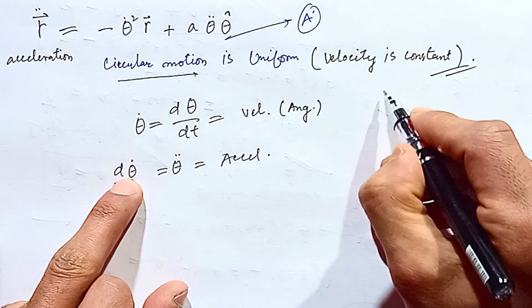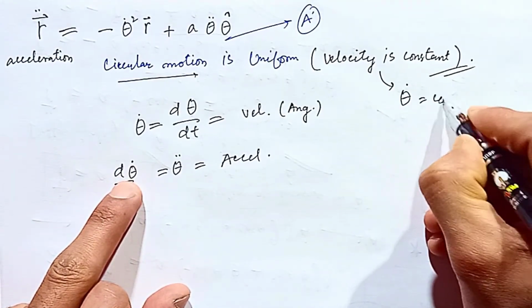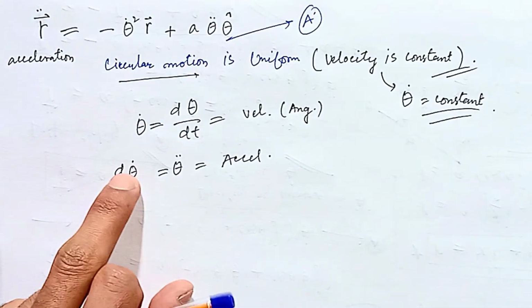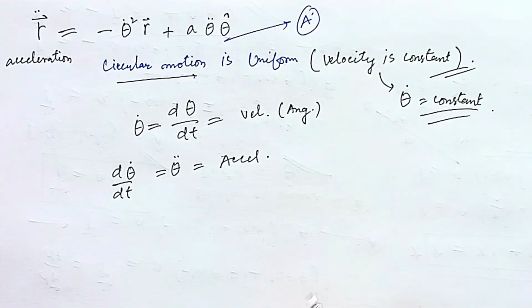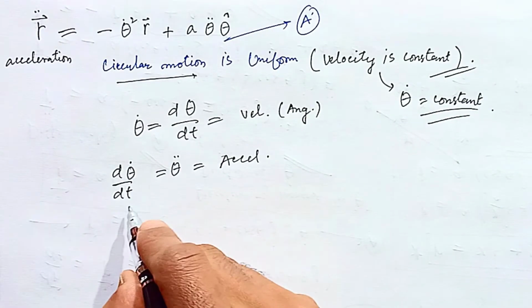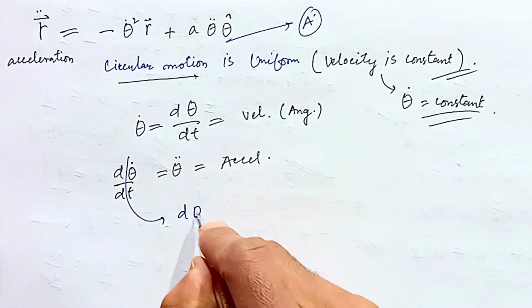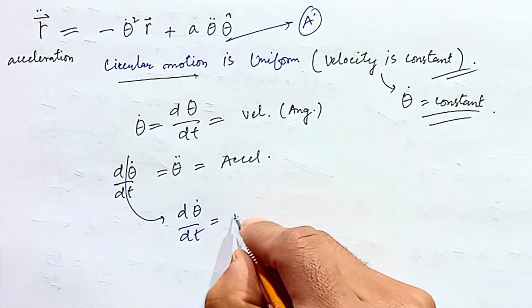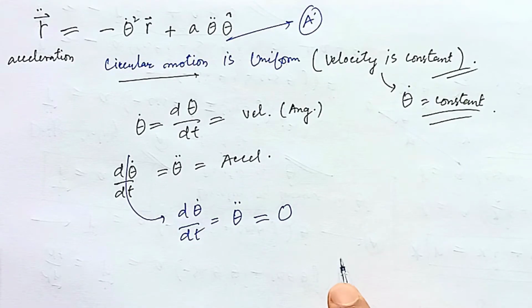So theta dot is constant, and we know the differentiation of a constant term is always 0. That means theta double dot will be 0.